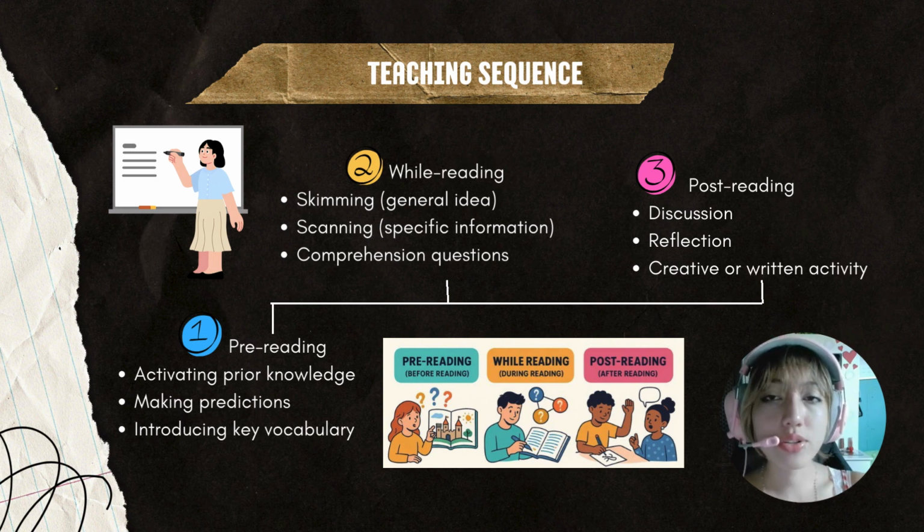During this stage, students read the text and use strategies such as skimming to identify the general idea and scanning to find specific information. The teacher may also ask comprehension questions. The final stage is post-reading. Here, students reflect on the text through discussions, writing responses, or creative activities. This sequence helps students understand the text step by step.